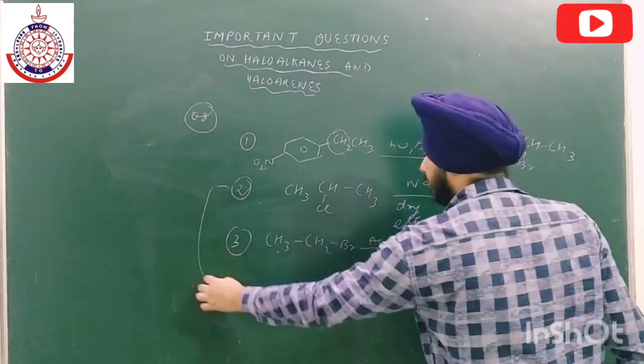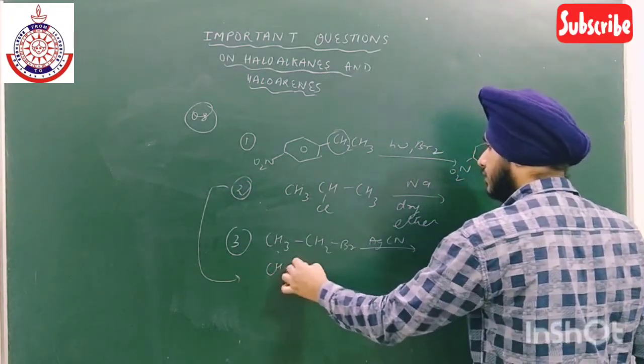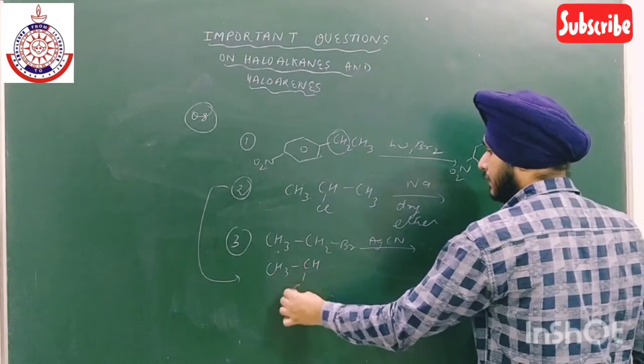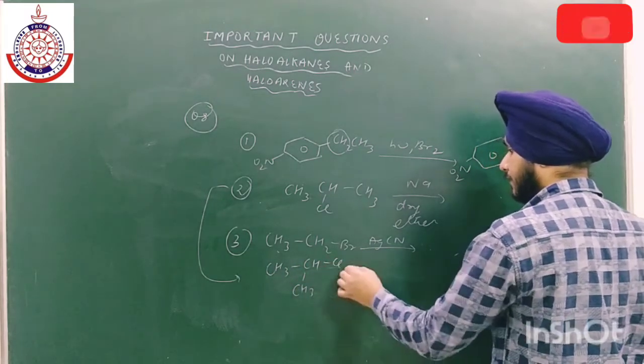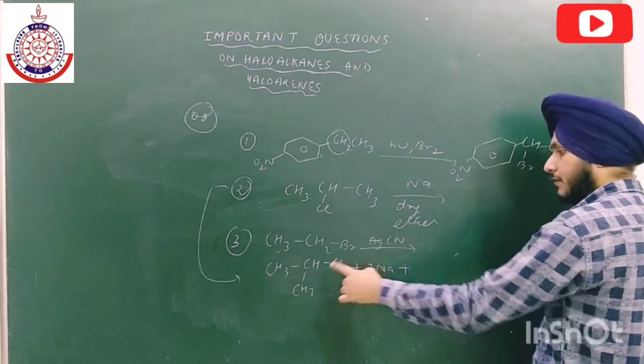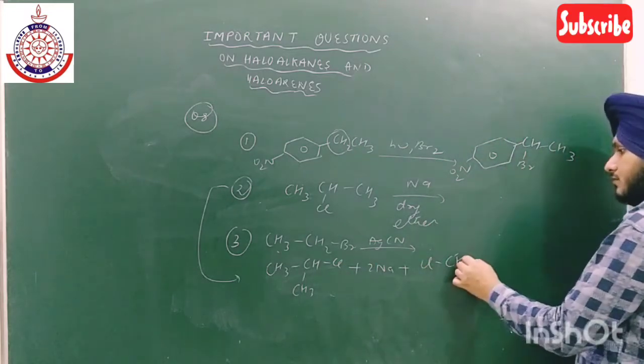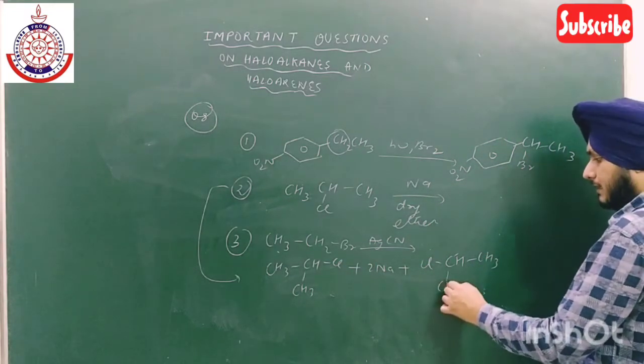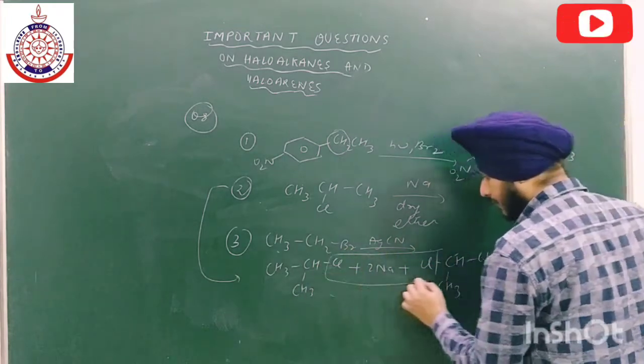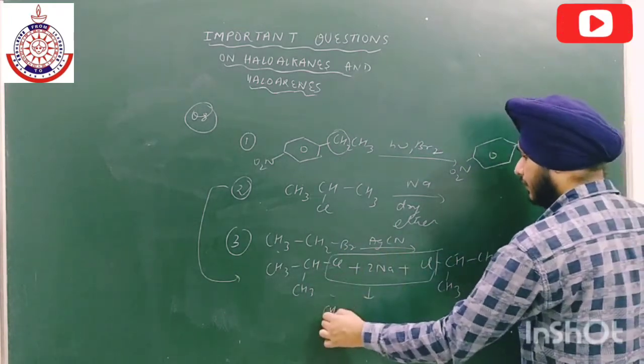So the reaction will be like this. We take 2 molecules of CH, CH3, Cl plus 2Na. From here NaCl will leave, and we'll get the hydrocarbon as the product.